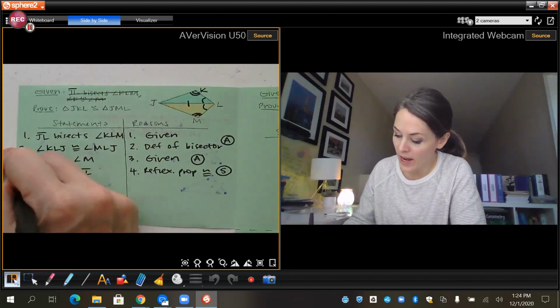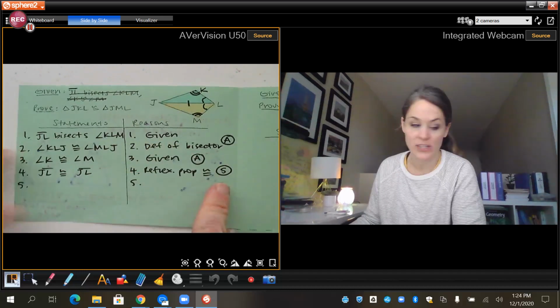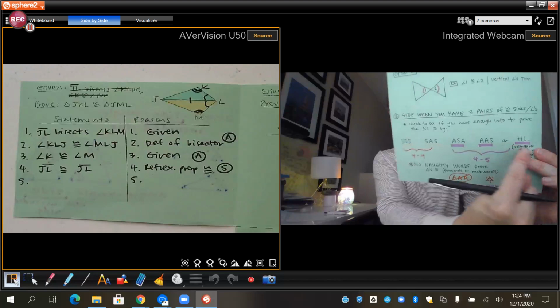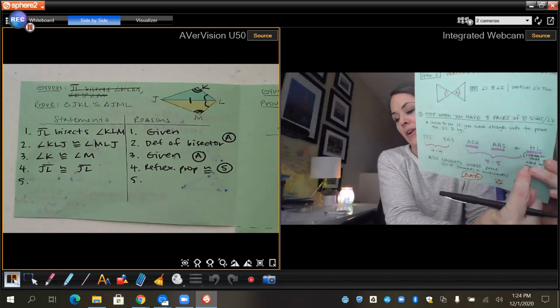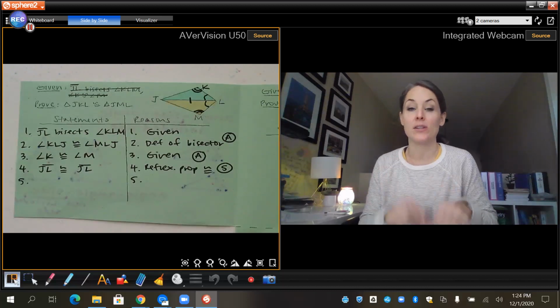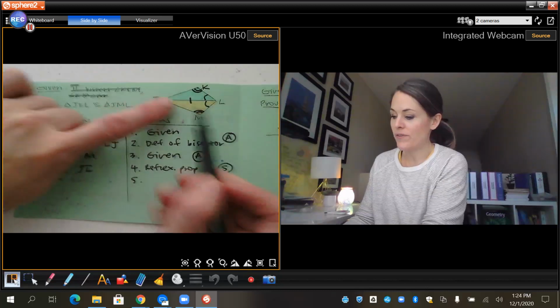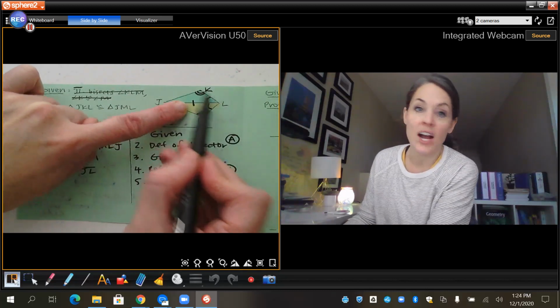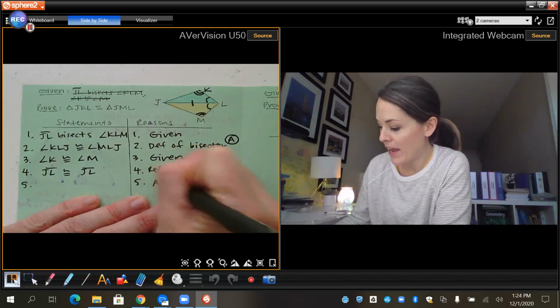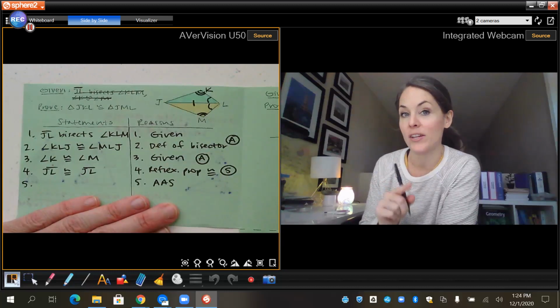So now that I have three pieces of information, I want to come down here to this paper and see which of these ways I can prove it congruent. So I have two angles and a side. So it's either going to be the side is included or it's not. So if I look here, this side is not included between those two angles. So I could prove it by AAS because it's a non-included side.